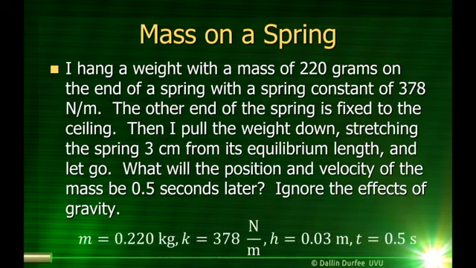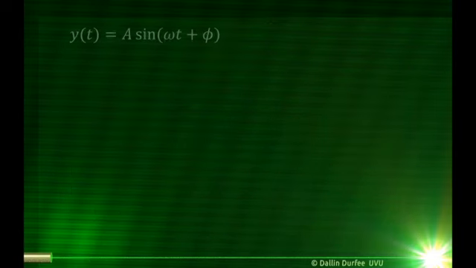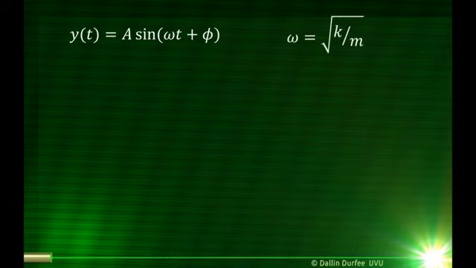Okay, so here are the givens. I'm given the mass, the spring constant of the spring, the distance that I pull the spring before I let it go, and then I want to know the position and velocity at a time of 0.5 seconds after I let go. So we have an equation. This is the position, and I would know the position if I knew what A and phi were.